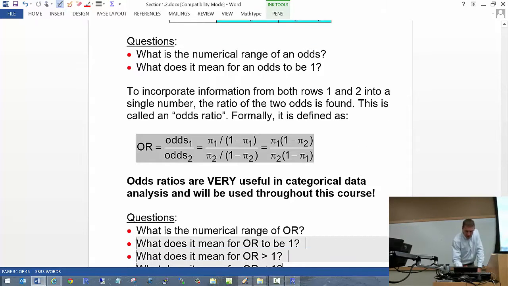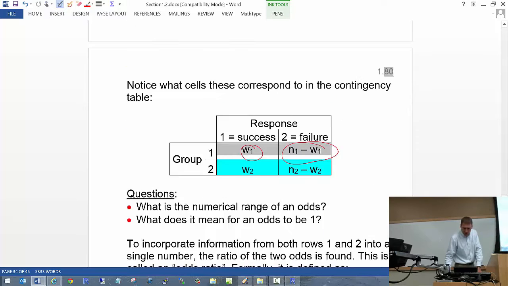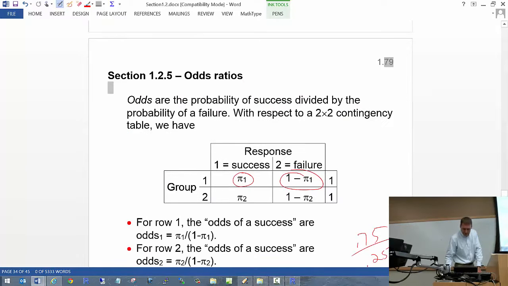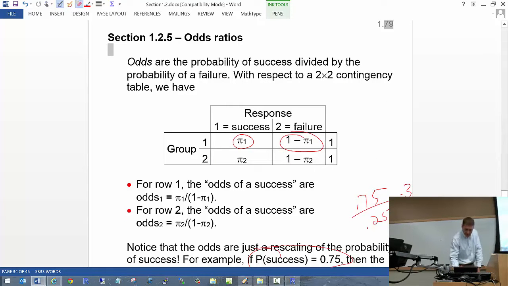So an odds ratio, I'm just going to call OR, for the lack of a better symbol, is just odds of success for group 1 divided by odds of success for group 2. So if you put in all those quantities in terms of the pi's, this is what you get. Essentially, if I go back to my table here, the numerator is simply the product of pi 1 and 1 minus pi 2.